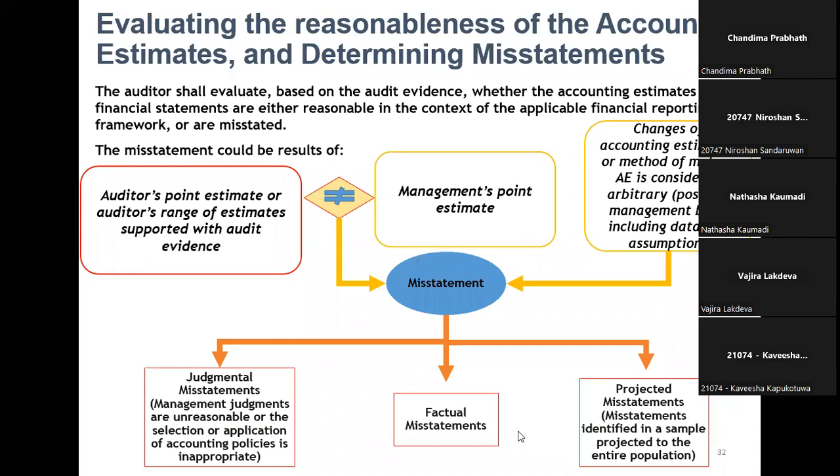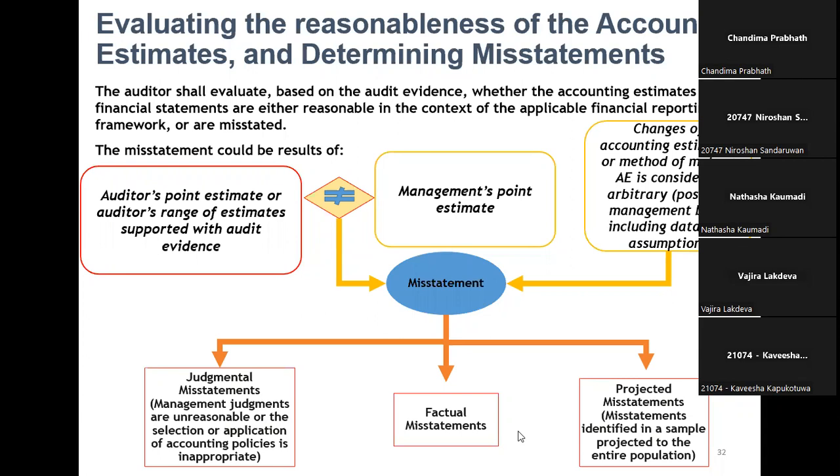Because the projected, you cannot adjust in the financial statement, because you cannot say with certainty that the misstatement you have noted in the sample could be there in the untested items. It may not be there, or if you test the untested, the misstatement could even be much higher than the misstatement we have noted in the sample.